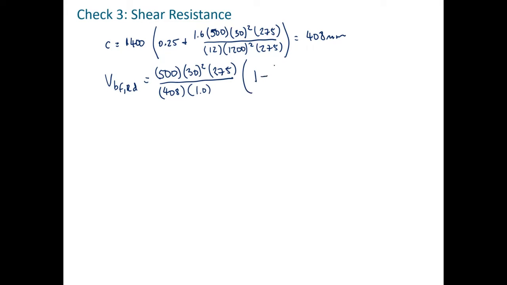All that into 1 minus the ratio of the moment demand in that section. We're designing for 2528 kilonewton meters, divided by the capacity of the flange for bending, which was 5074 kilonewton meters, squared. That'll give me 228 times 10 to the power of 3 newtons, which is 228 kilonewtons.